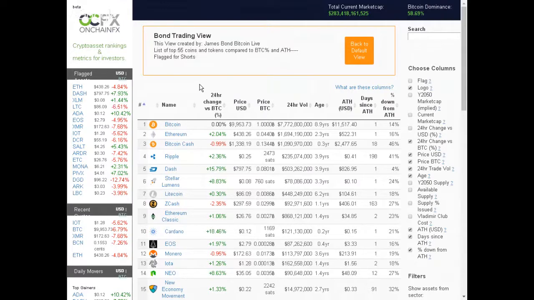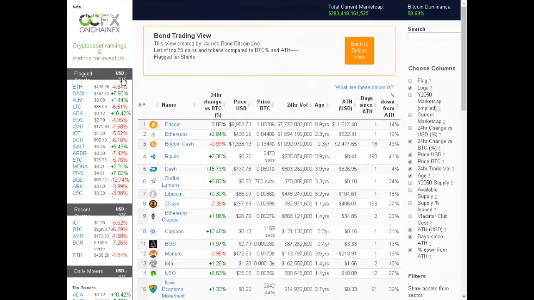You can make a customized view. This is my view, the Bond TradingView, created by James Bond Bitcoin Live. A list of the top 55 coins and tokens compared to Bitcoin percentage and all-time high, flagged for shorts. These are my new flagged areas right here in this box, and I flagged it for shorts.